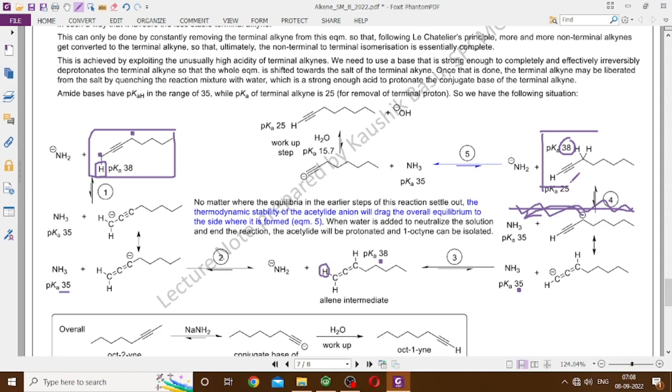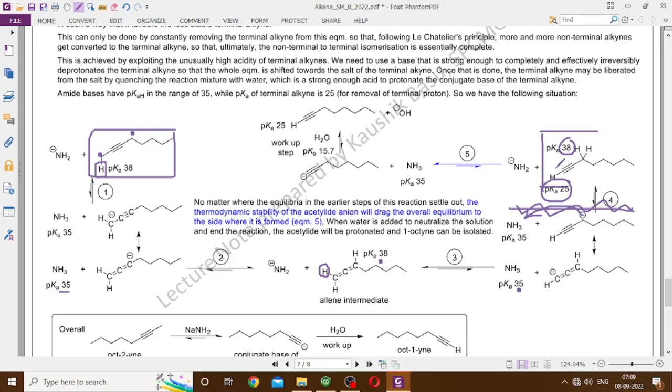But now you have a hydrogen which is considerably more acidic than any other hydrogen present in the reaction medium. So that pK is 25. NH2 minus is there, whose conjugate acid pK is 35. So this will draw the overall equilibrium.